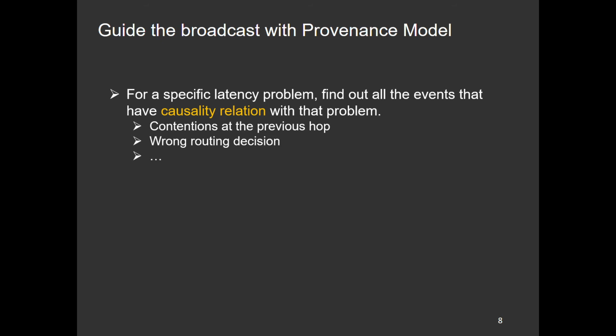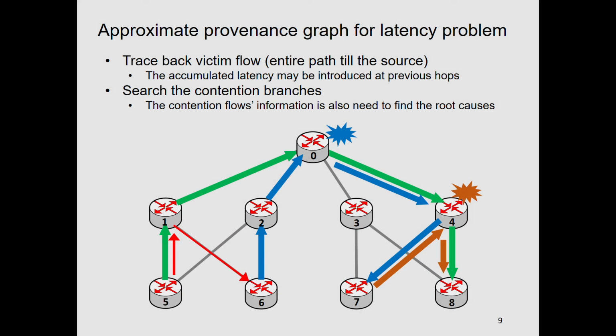But maintaining an accurate provenance graph is difficult in the switch data plane. So with this limitation of the switch data plane, we choose to maintain an approximate provenance graph with two strategies. We can see that the cumulative latency is introduced on switch 0 and switch 4, and exceeds the threshold on switch 4.